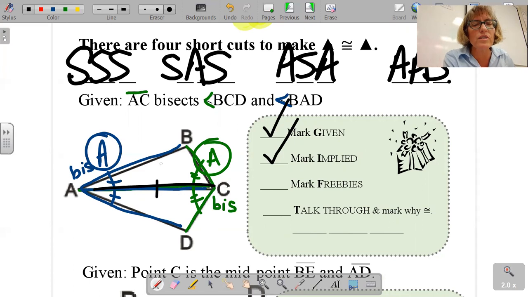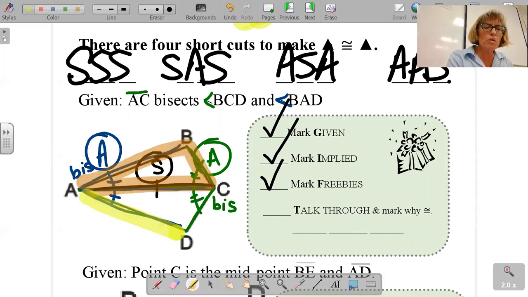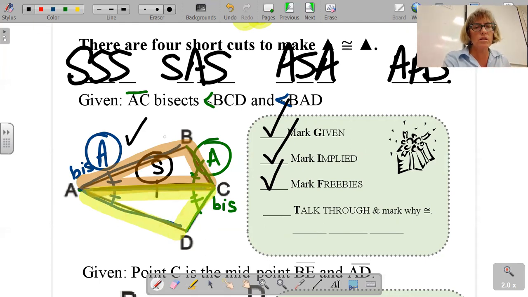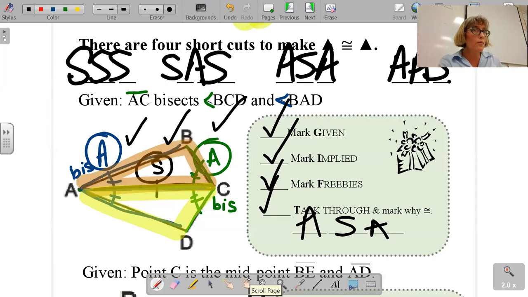That's a reflexive side. Why is this triangle congruent to this triangle? And the shortcut here is angle, side, angle. We kind of talked it through at the same time. Give it implied, freebies, talk through. This should start ringing a bell, friends.